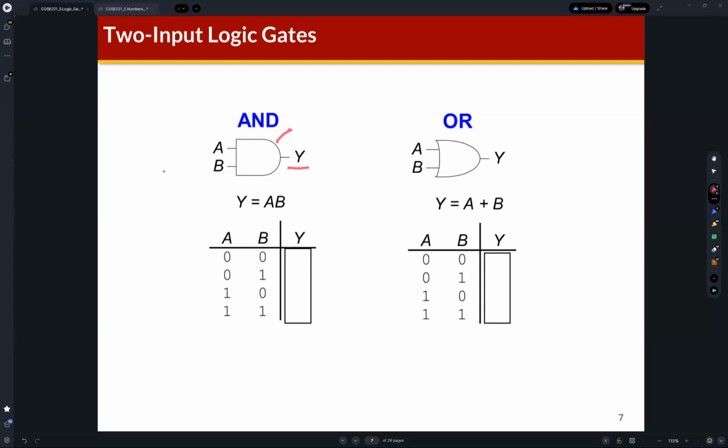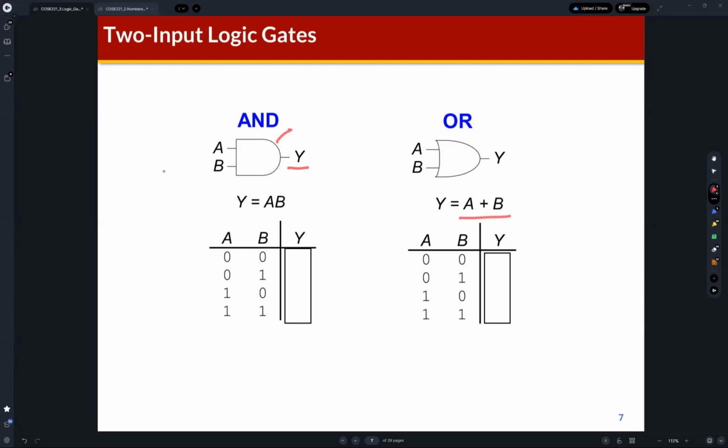signal. And then we can represent the AND gate as multiply, like A multiply B. So sometimes we can use the multiply sign for representing the AND gate. In Boolean logic, the OR gate is represented using the add sign.